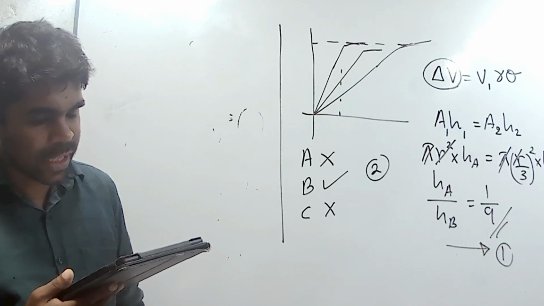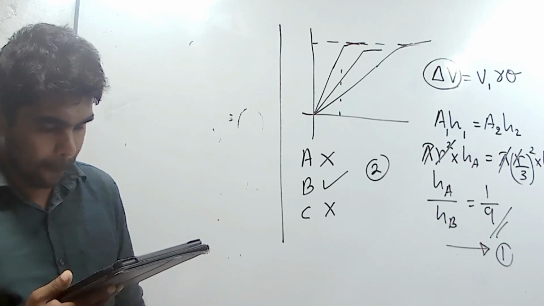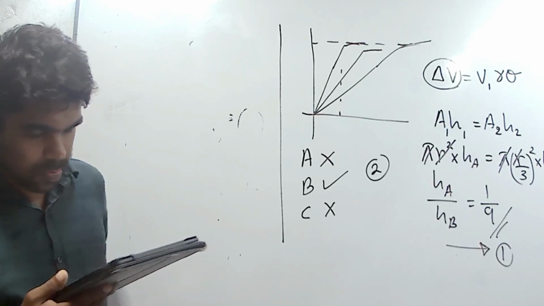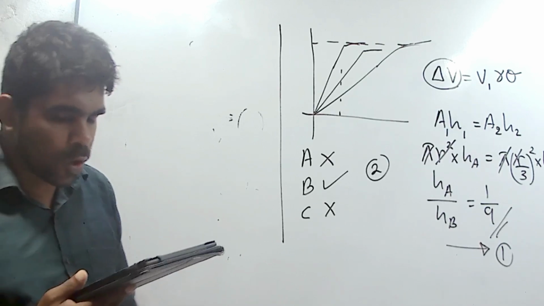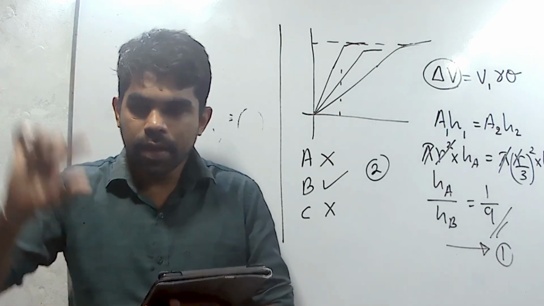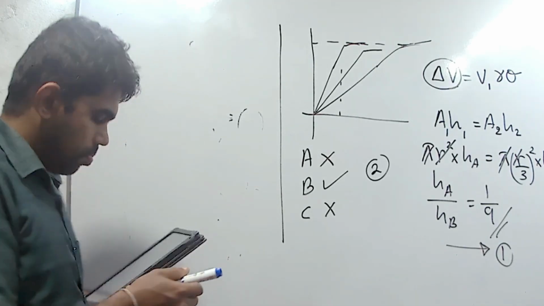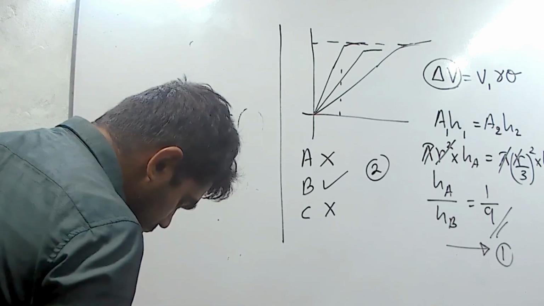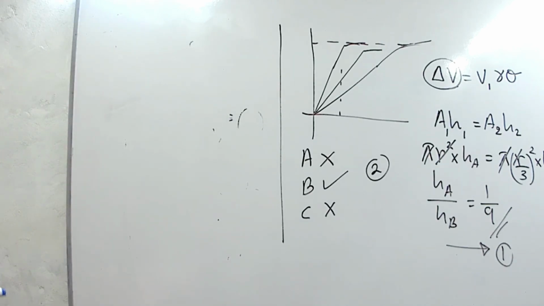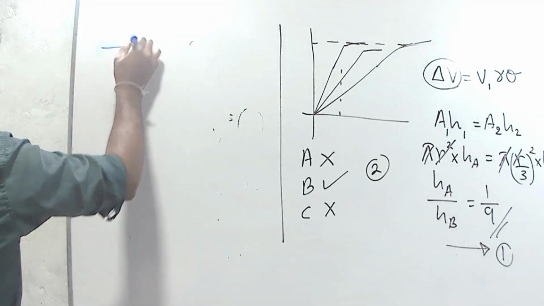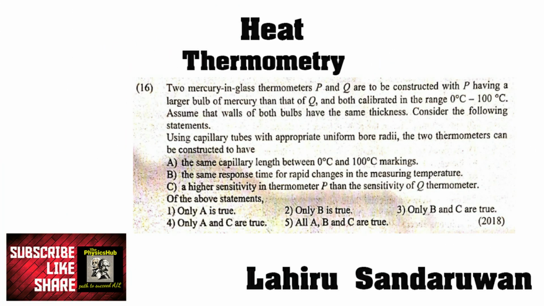When considering other thermometric properties, if there is a uniform volume expansion, we can get a linear scale. It is not compulsory, but the most suitable one is 2. Then answer is 2.